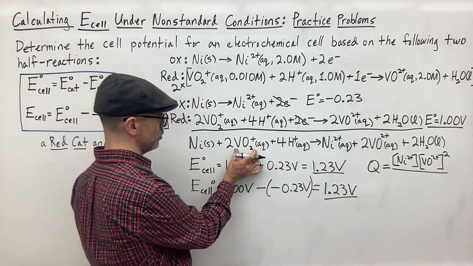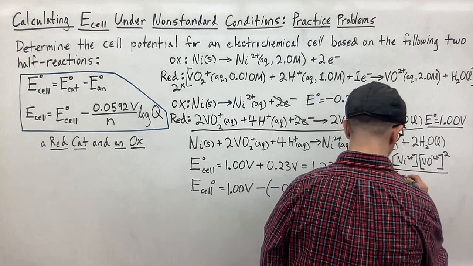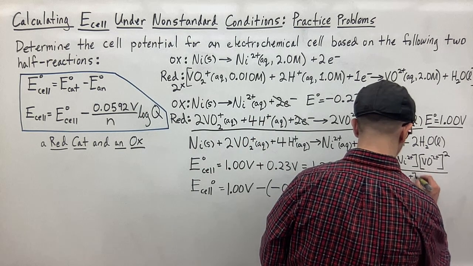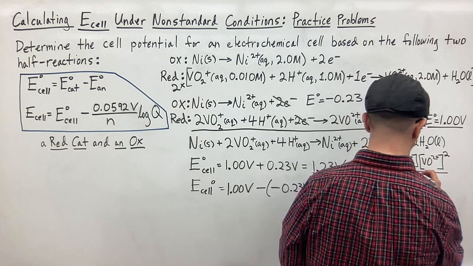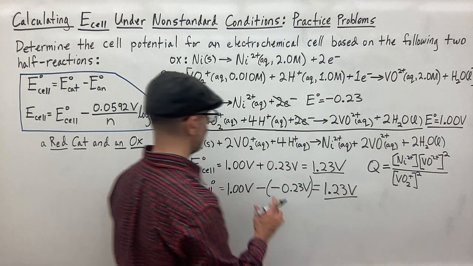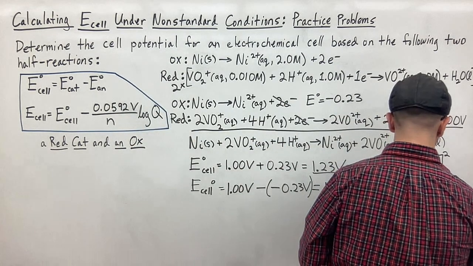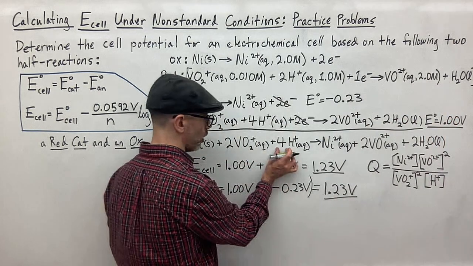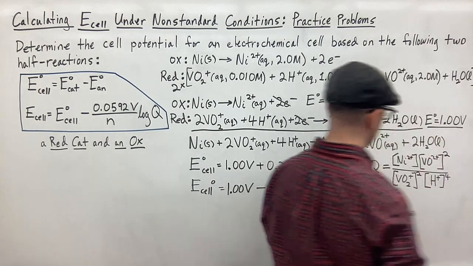Here we have VO2 plus. On the bottom, we have a 2 there, so that means we're going to have a power of 2 there. And finally, we have our H plus ion, so we're going to multiply by H plus. And we have a 4 as a coefficient, so we're going to have a power of 4 up there.